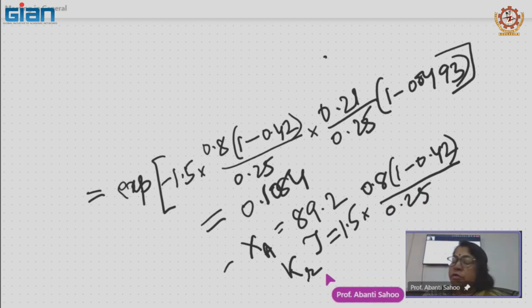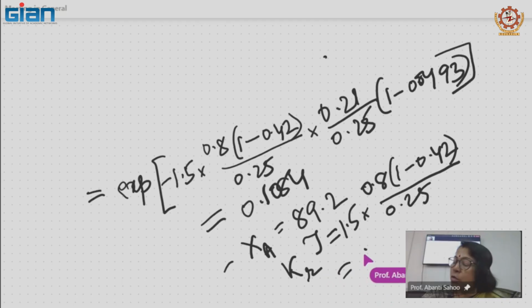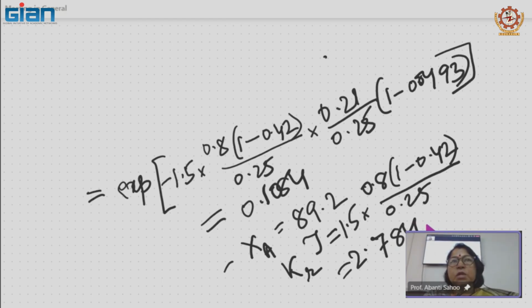So, this is coming 2.784. So, the dimensionless reaction rate constant we got is 2.784. The reaction rate constant is given, and that is dimensional, which is 1.5 meter cube of the gas per meter cube of the catalyst per second.